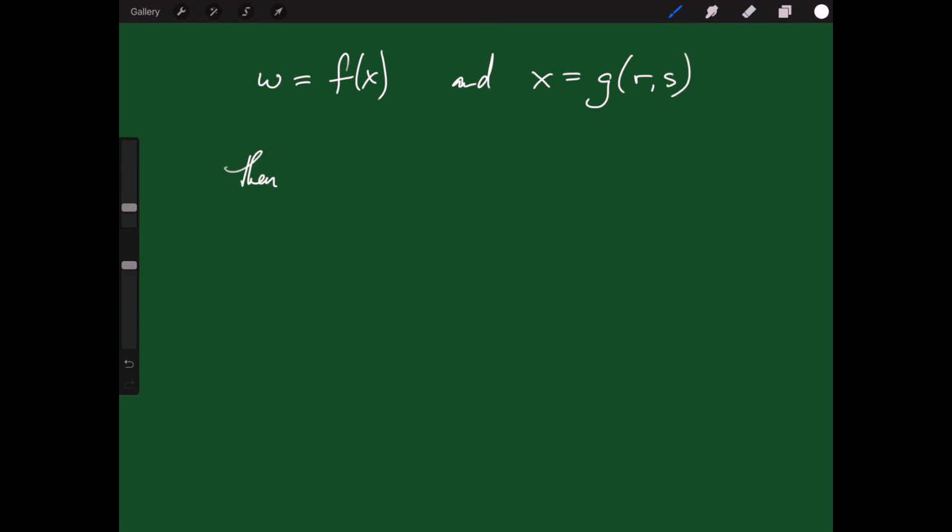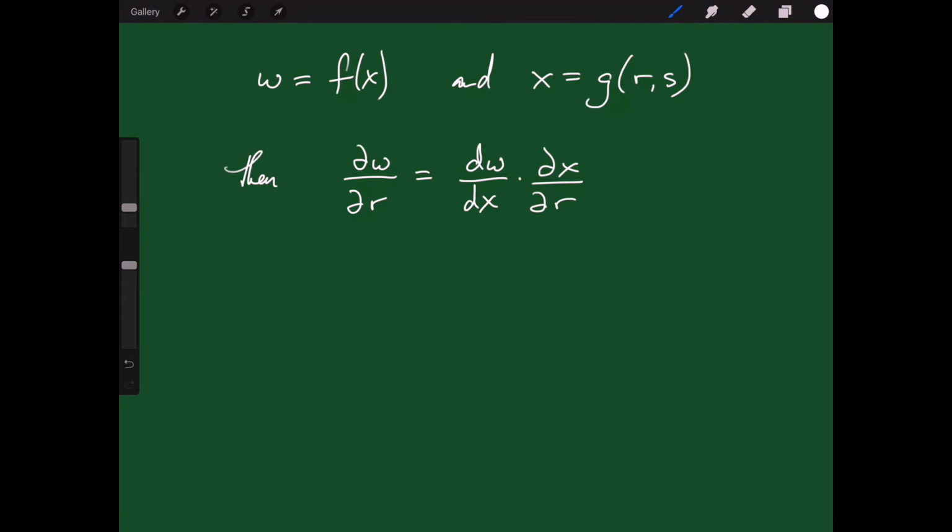Then we have that the partial of w with respect to r is going to be the derivative of w with respect to x times the partial of x with respect to r.